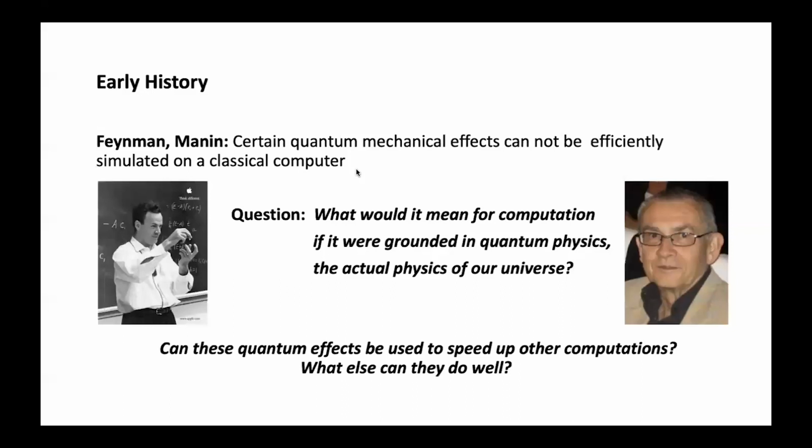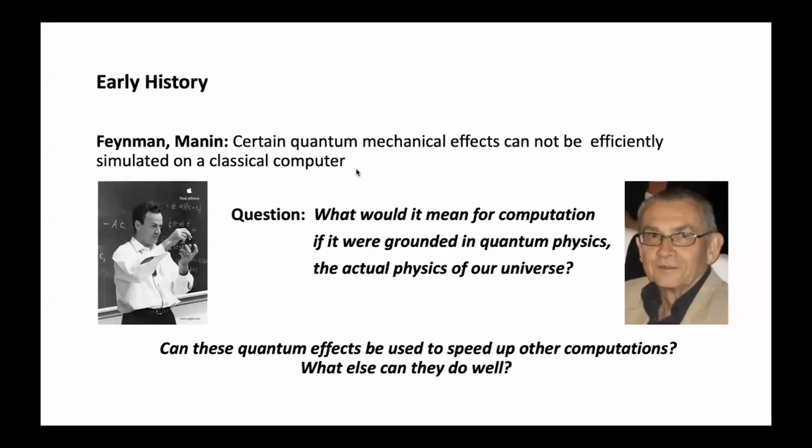So let me start with, again, this picture that I showed you the last time. What we saw the last time is I presented to you these two, as I call them, the giants of quantum computing, Richard Feynman and Yuri Manin.